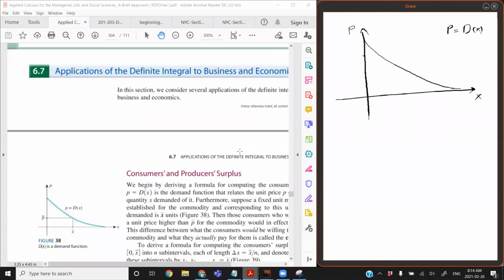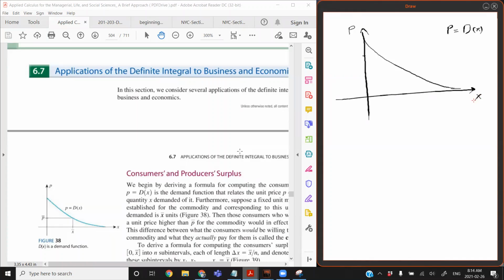So for all these problems, for all these type of functions, the cost function, the revenue function, the profit function, the demand function, the supply function, you should always have in mind that there is some time frame associated to that function. It could be day, could be week, could be hour.